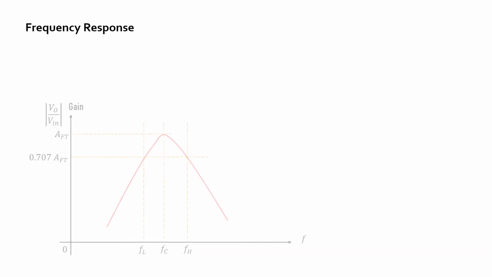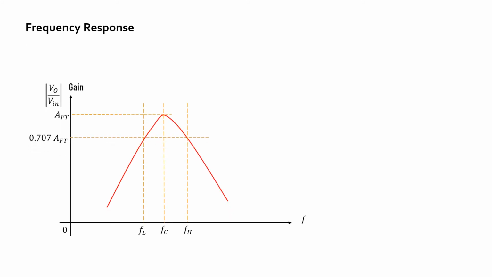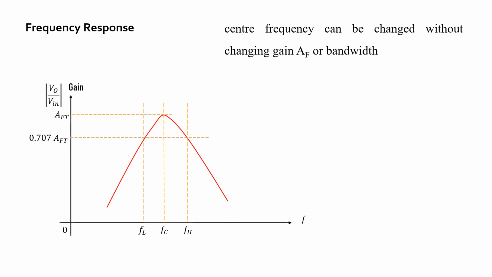Let us plot the frequency response of this narrow band pass filter, taking the gain on the y-axis and frequency on the x-axis. In this case, we are obtaining an additional frequency, which we call the center frequency. The center frequency is playing a major role in the narrow band pass filter, as we have seen in the expressions on the previous slide.